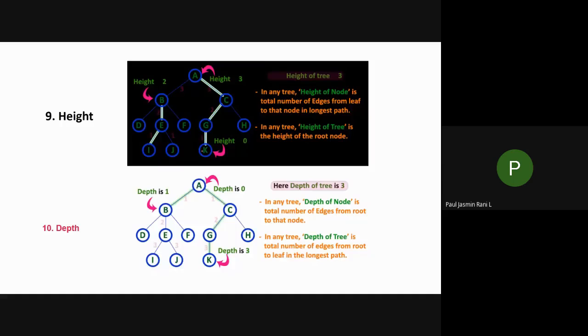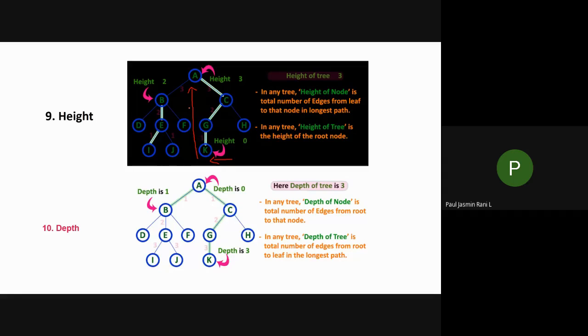Suppose I want to calculate the height of this K node. So how will I calculate the height of the K node? I have to calculate the height from bottom to top, that is from that particular node to your root node.